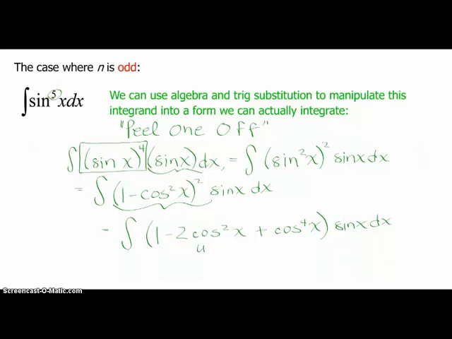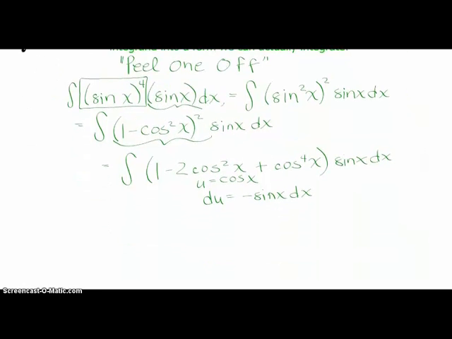And now, this is a u substitution problem. If I say u is the cosine of x, then du has to be negative sine of x dx. I know that's different than the u and du I had a while ago, but it really doesn't matter. Cosine can be negative, sine can be positive. But this is how we would normally do a u substitution problem.